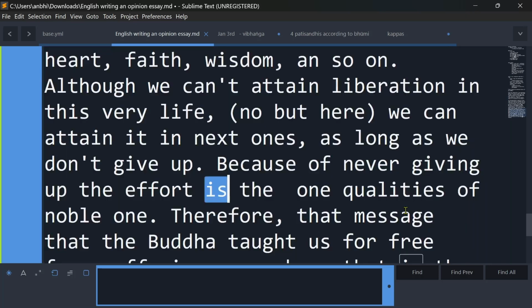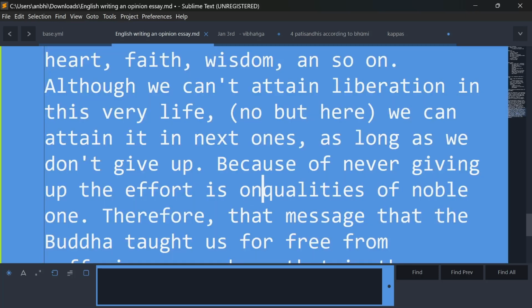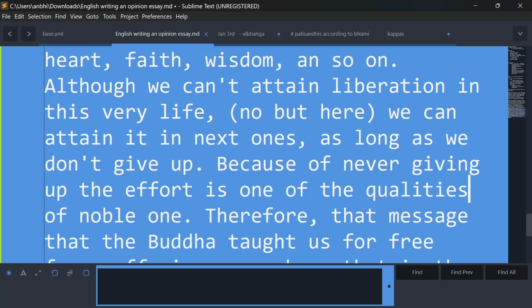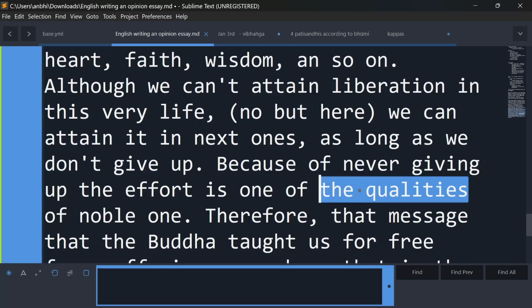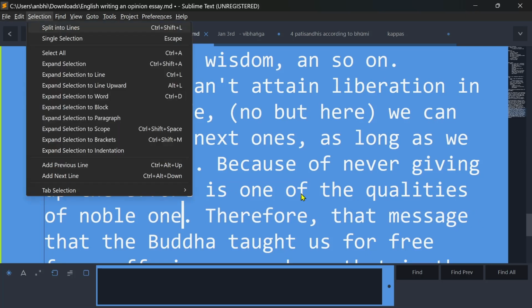Because of never giving up the effort is, okay. Now here the verb is, you see, "is." What is the one, okay, actually it's not the one qualities, it's one of the qualities. What is one of the qualities of noble ones, right?